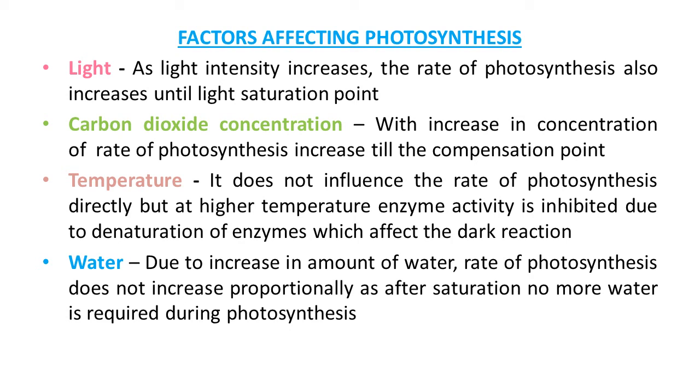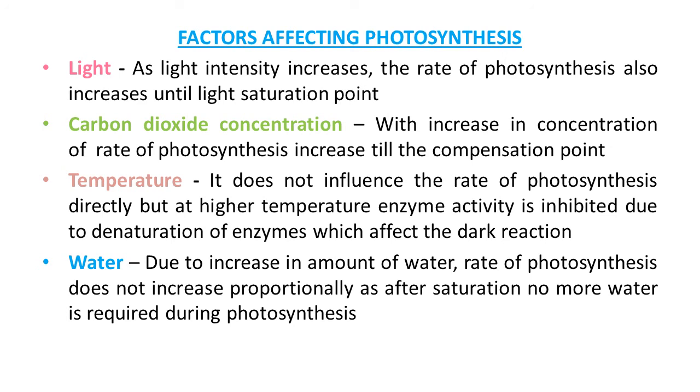Third factor, temperature. Dark reactions being enzymatic are temperature controlled. Though the light reactions are also temperature sensitive, they are affected to a much lesser extent. C4 plants respond to higher temperature and show higher rate of photosynthesis, while C3 plants have a much lower temperature optimum.